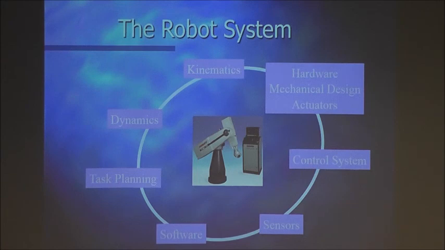You get plenty of information about kinematics, forward kinematics, inverse kinematics, and so forth. Dynamics is essentially a modeling of the robot. It's highly nonlinear and highly interactive, interconnected, I should say.